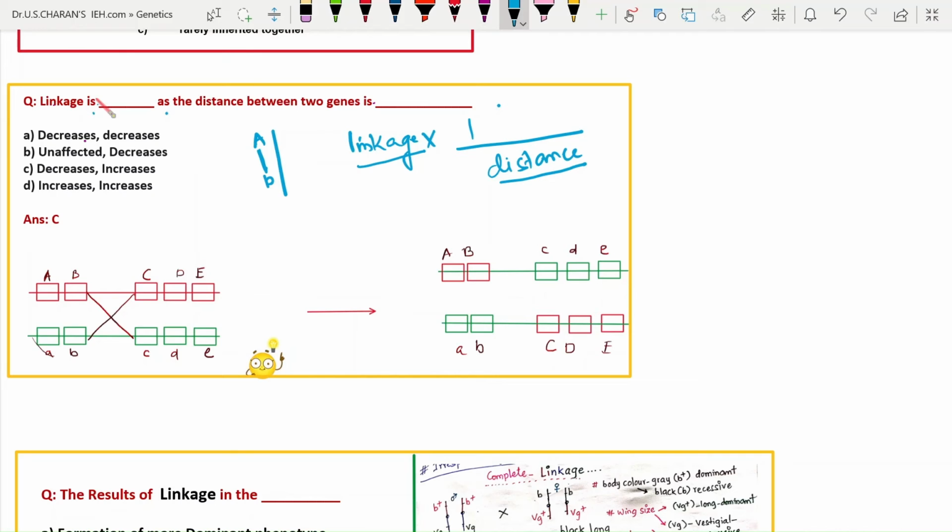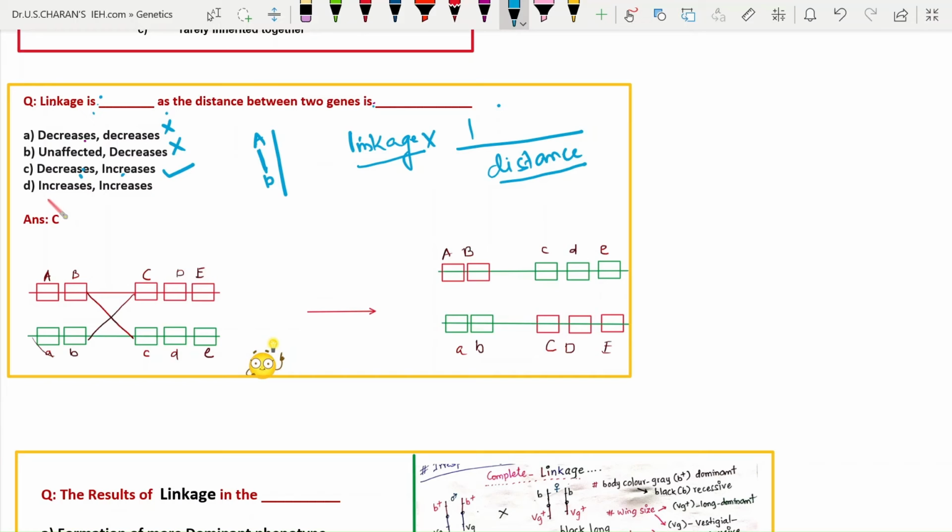For example, if we put in the blanks: linkage is decreased as the distance is decreased, this is not correct. Unaffected, decreased, this is also not a suitable answer. If the linkage is decreased as the distance between two genes is increased, yes, this is the right answer.